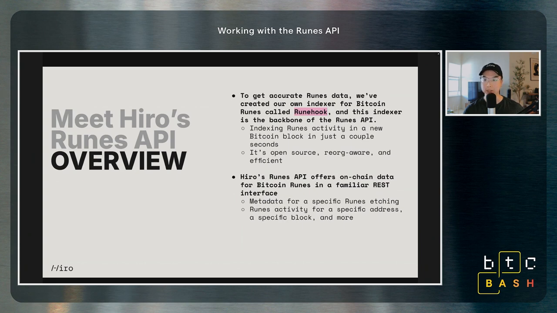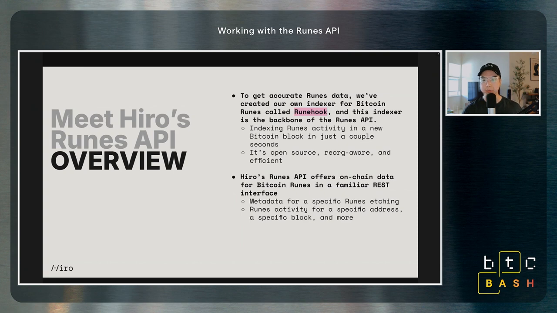Runes API endpoints. So the Runes API endpoints offer on-chain data for Bitcoin runes in a familiar REST interface. So you can fetch information such as the metadata for an etching or the holders of a particular rune or runes activity for your address or for somebody else's address.